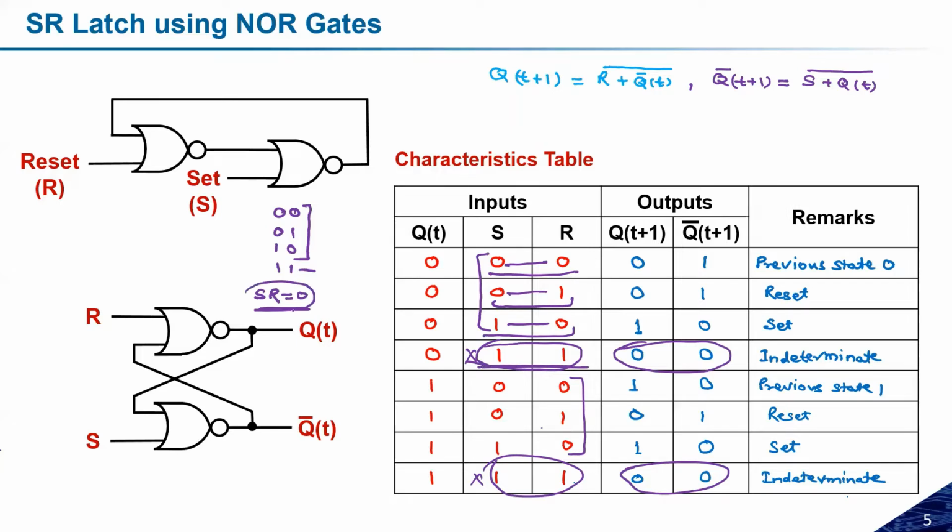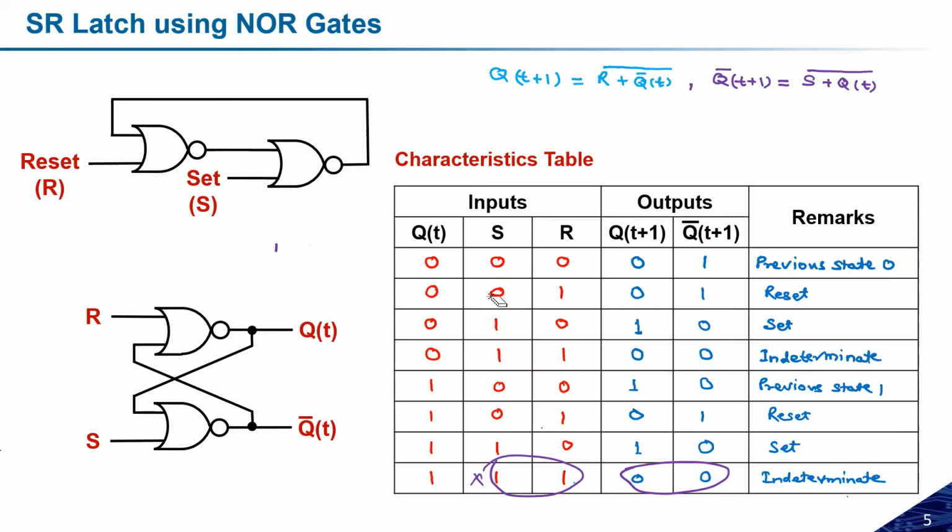So if I keep SR equal to 0, then 0 into 0 gives 0, so that is a valid case. 0 into 1 gives 0, that is a valid case. 1 into 0 gives 0. But 1 into 1, S into R will become 1, and if it is 1, this is not a valid case. So the second equation that we keep while analyzing is that SR should be 0, the product of S and R should be 0.